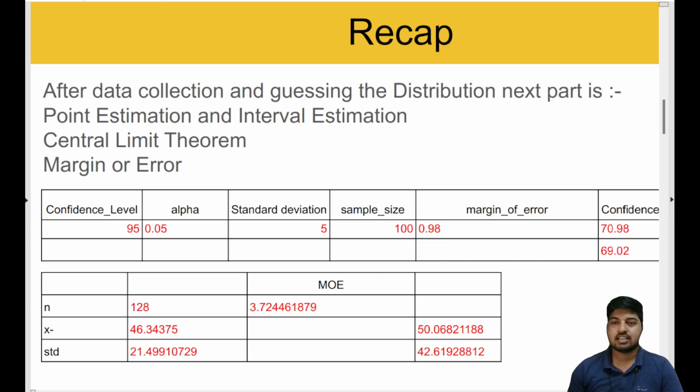If I measure the heights of the students, what can I guess about the distribution of the population? Can I guess it is binomial? Can I guess it is Poisson? No. Will it be uniform or normal?